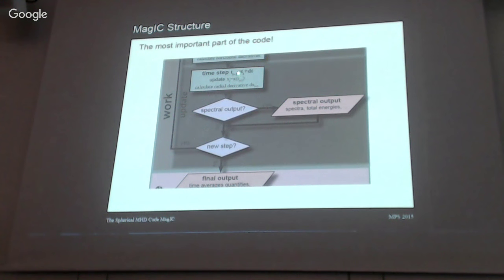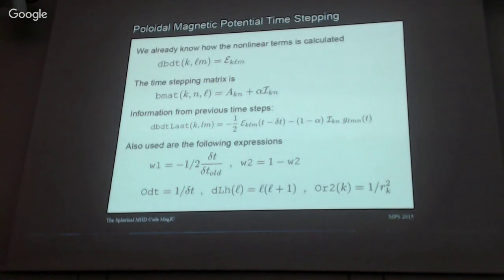So this is the block we're looking at now, and we have to look into the code again. If you want to do this, we look at update B.